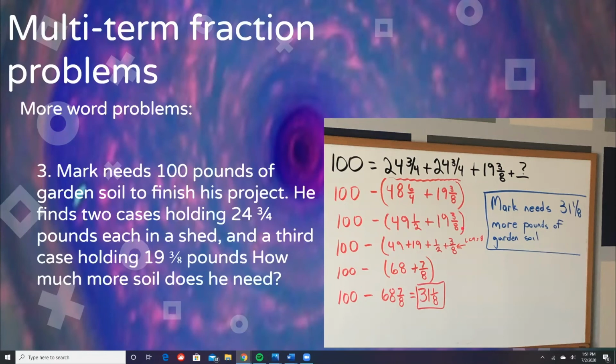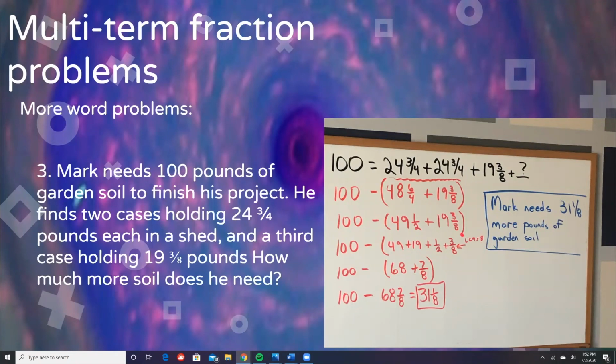Okay, so now our next step is going to be to add our units into parentheses. So we know 49 and 19, and we're going to add 1/2 and 3/8. But when we go to add our 1/2 and 3/8, again, we know we need to change to a lowest common multiple.